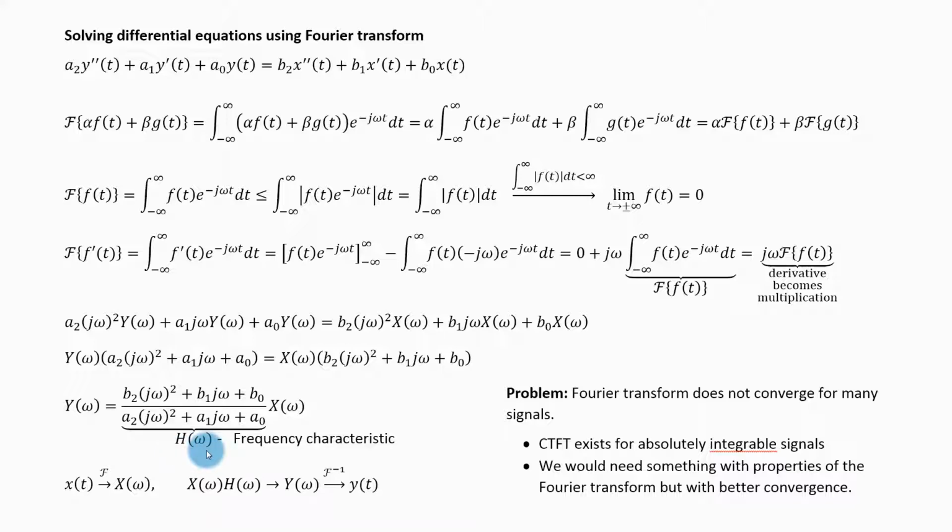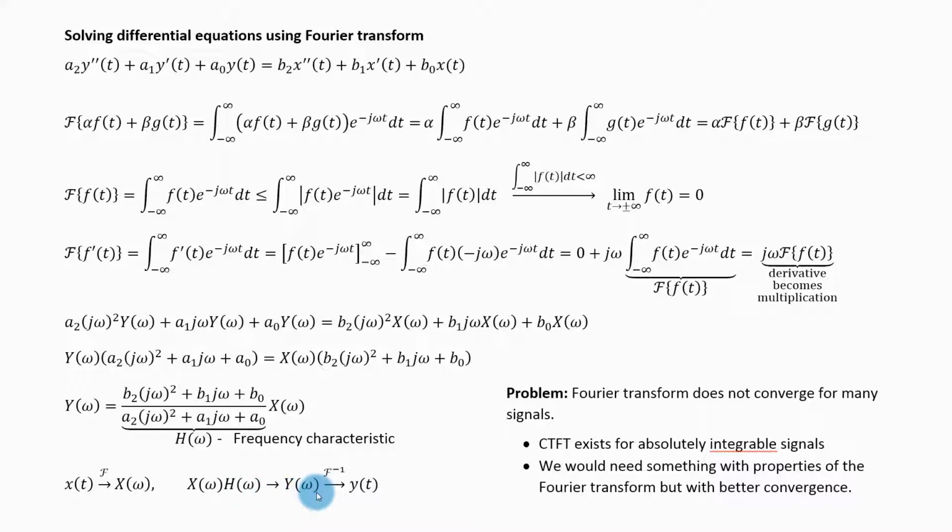So basically the Fourier transform turns solving this differential equation into what you have already learned as the filtering in the spectral domain. Instead of constructing the characteristic equation, finding its roots and constructing the solutions, I can take my input signal, compute its Fourier transform, that is its spectrum, then multiply it with the frequency characteristic of the system, which will give me the spectrum of the output signal.